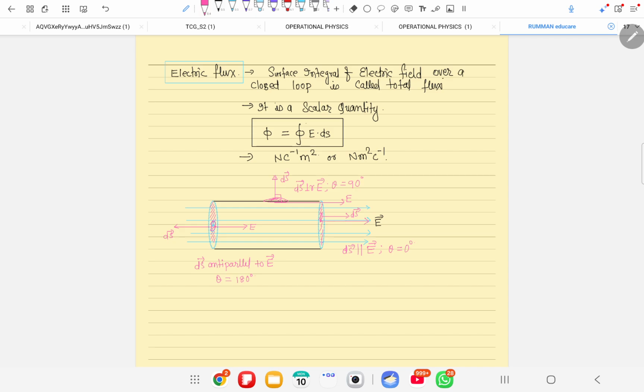So we have three cases in this. Case 1: ds vector is anti-parallel to E vector, so the angle between these two, theta, is equal to 180 degrees.